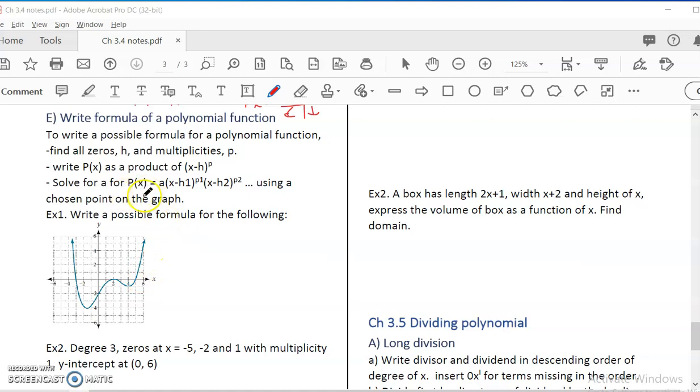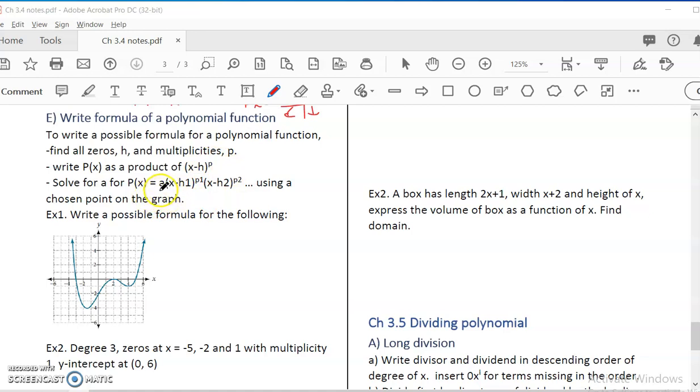Then you write the polynomial function as a product of all the factors (x minus h) to the power p, where h is the zero and p is the multiplicity. So you need to find all the h and the corresponding p, and then the function, f of x or p of x, is the product of all those (x minus h) to the power p together.